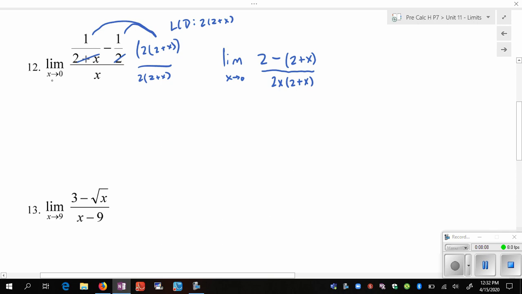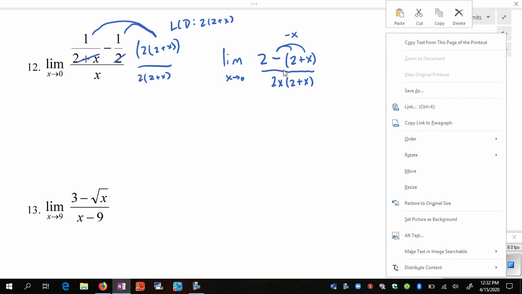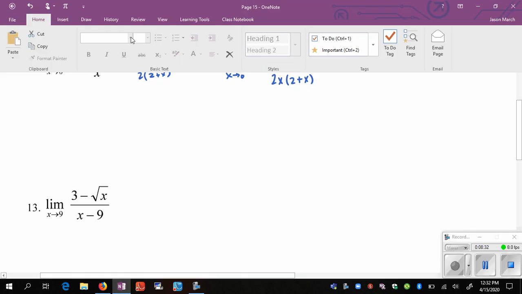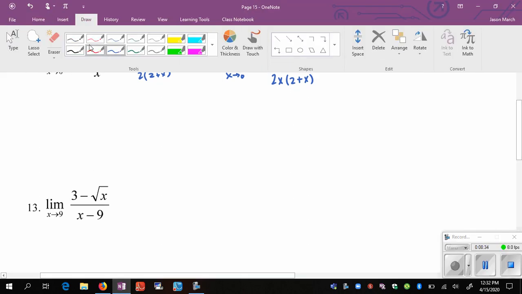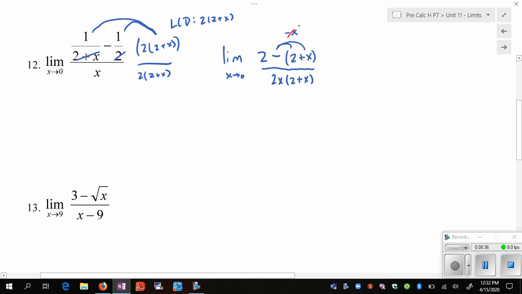Now there's that trick showing up again. As x goes to 0, that tells me that x is probably going to cancel as a common factor. So when I distribute the negative, we end up getting 2 minus 2 minus x. So the 2 minus 2 cancels, so I get negative x over this. So now what happens is I can cancel out this x with this x.